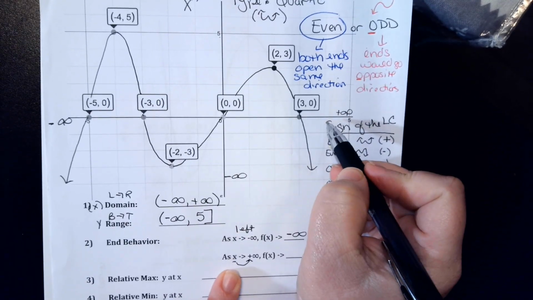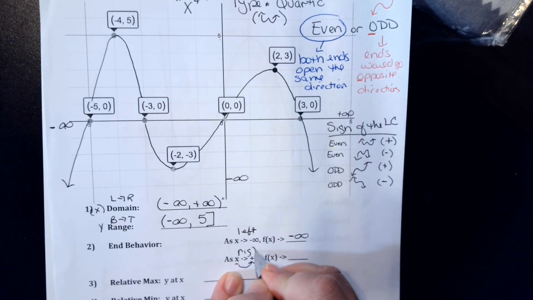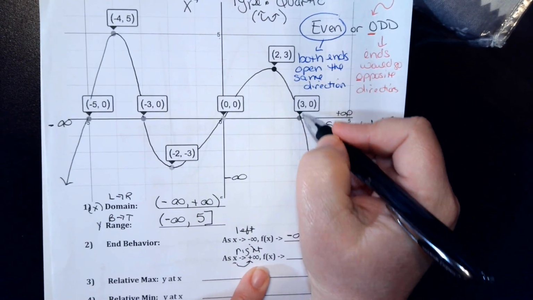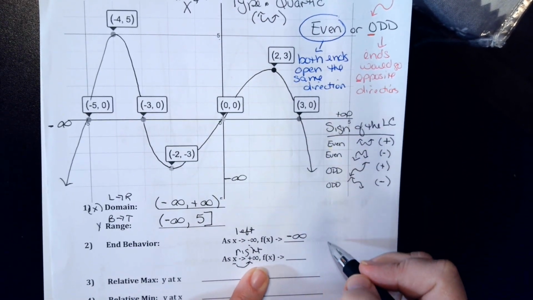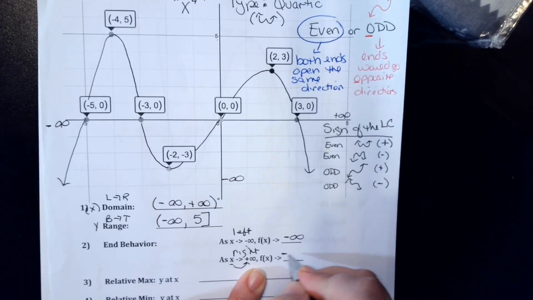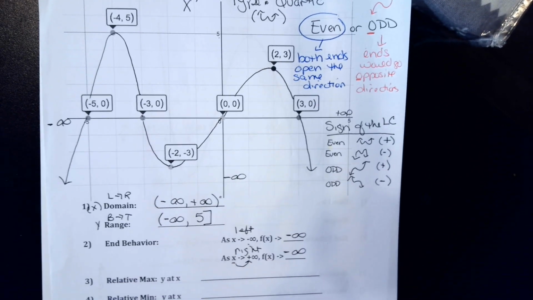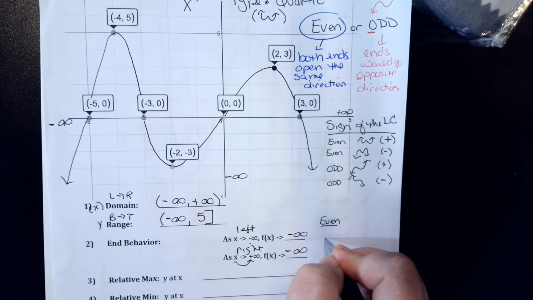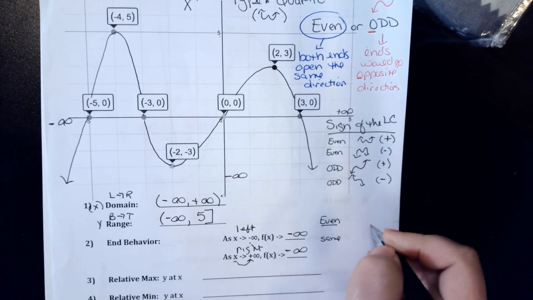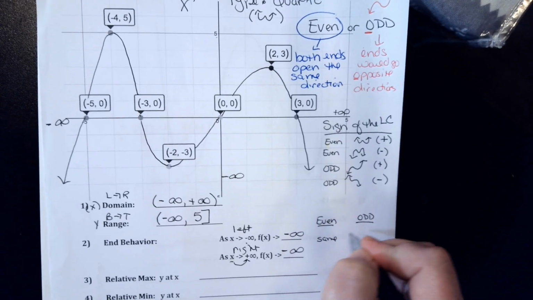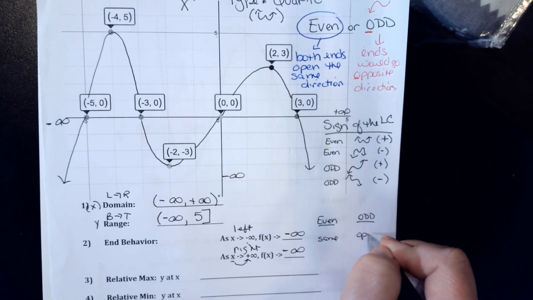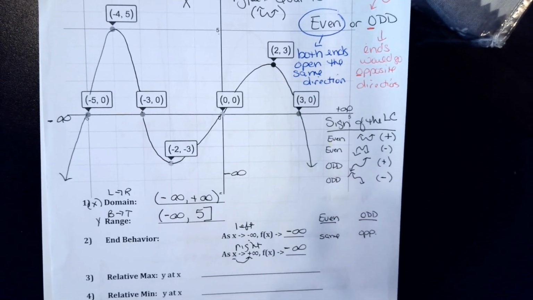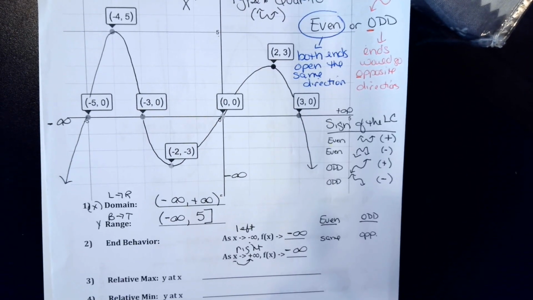What's on the right side? So this is saying, on the right side of the graph, where's your y value going? Well, it's going down forever, so it's also going to negative infinity. If it's an even function, these statements should always be the same. If it's an odd function, these statements are going to be opposite. One's going to be positive and one's going to be negative, depending on what kind of function it is.